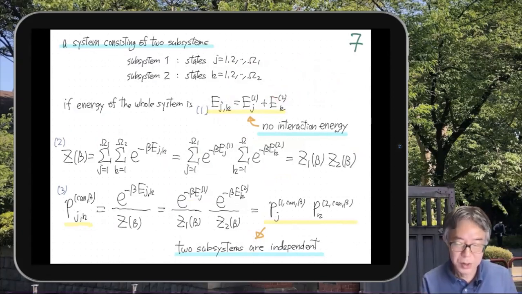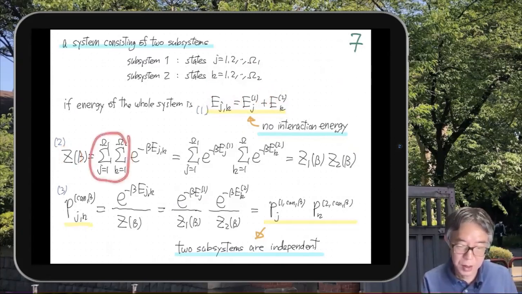And suppose that the microscopic energy of the state jk is written as a sum of the energy of system 1 and the energy of system 2. So this means that, physically speaking, there is no interaction between system 1 and system 2, because there's no interaction energy.